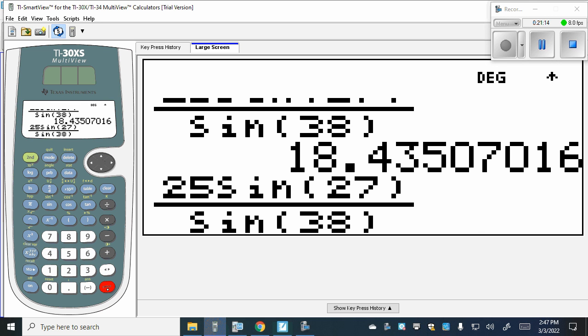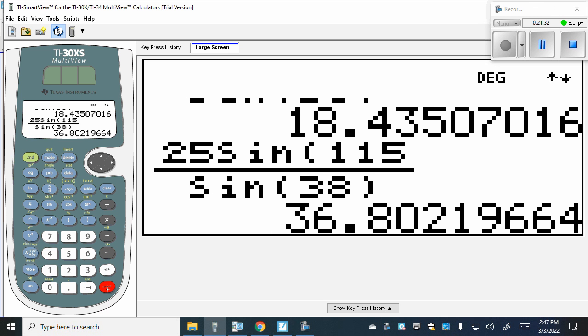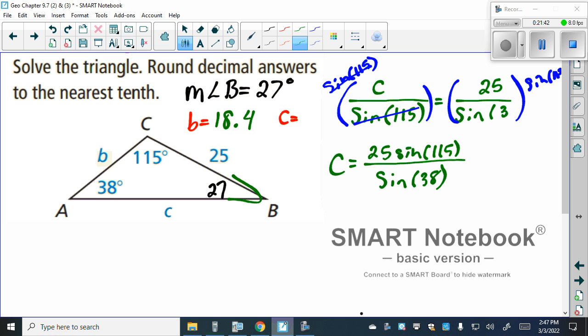Again, we can use a little shortcut of going up, selecting it, and bringing it down. And changing the 27 into 115. And if we hit enter, it tells us that it's 36.8. And that's it.